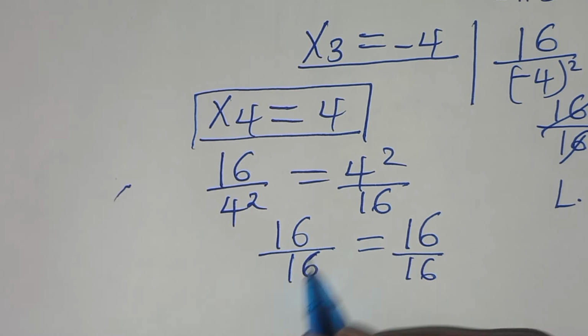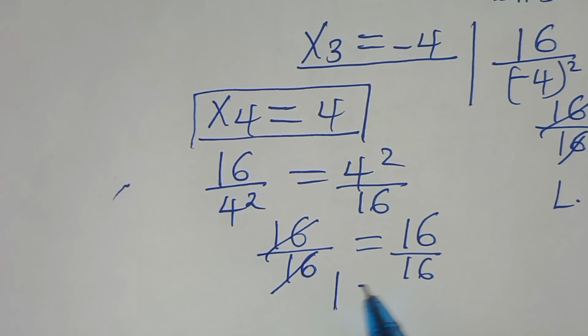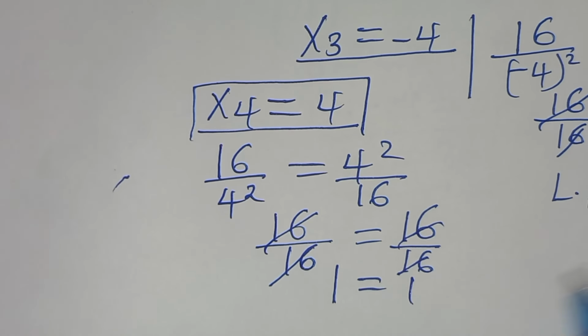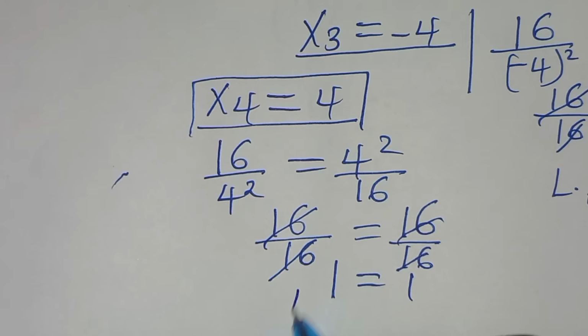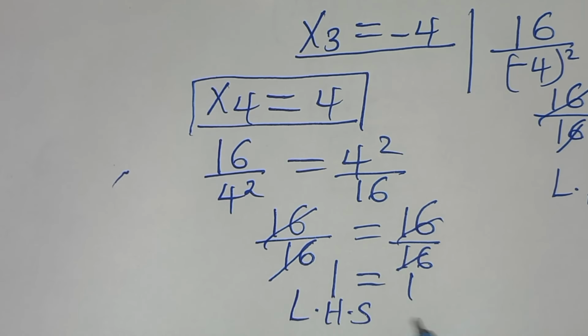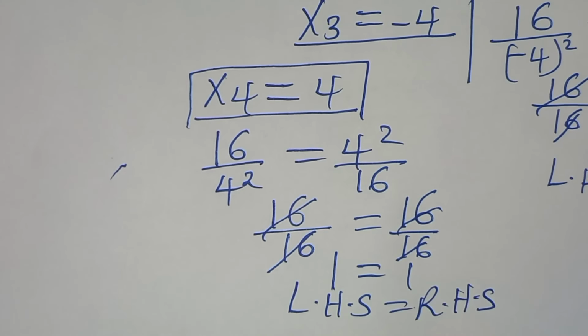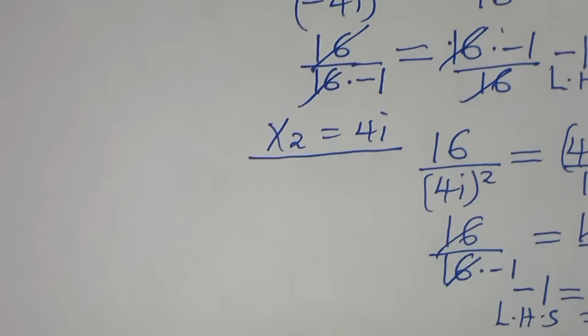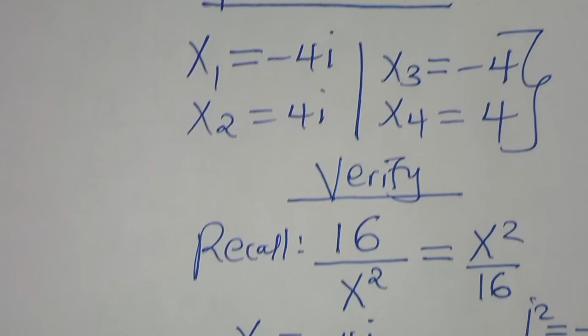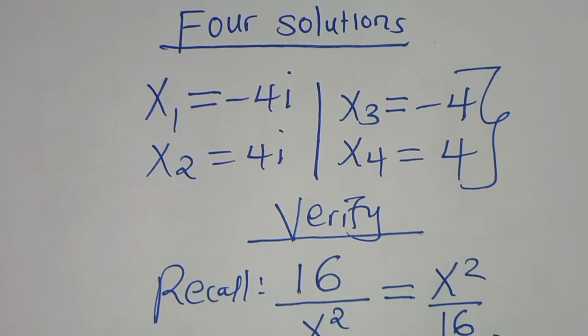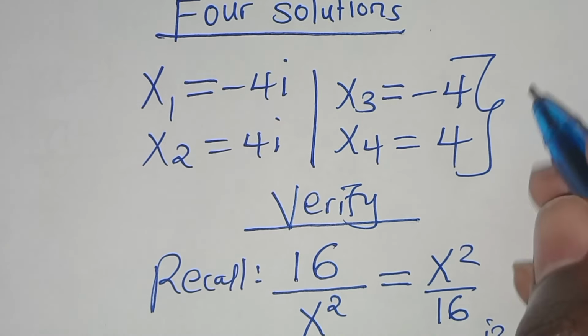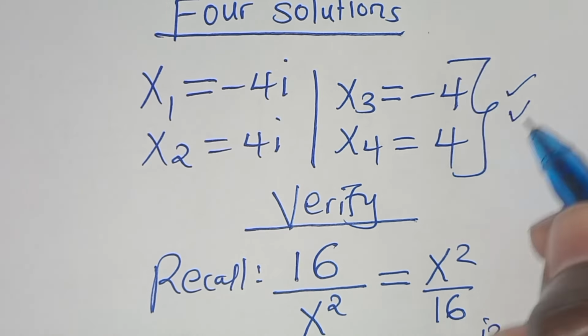If you simplify here, this is 1, and this is equal to 1. And this implies that the left hand side is equal to the right hand side. And this implies that the four solutions here, that is x1, x2, x3, and x4, satisfy the equation.